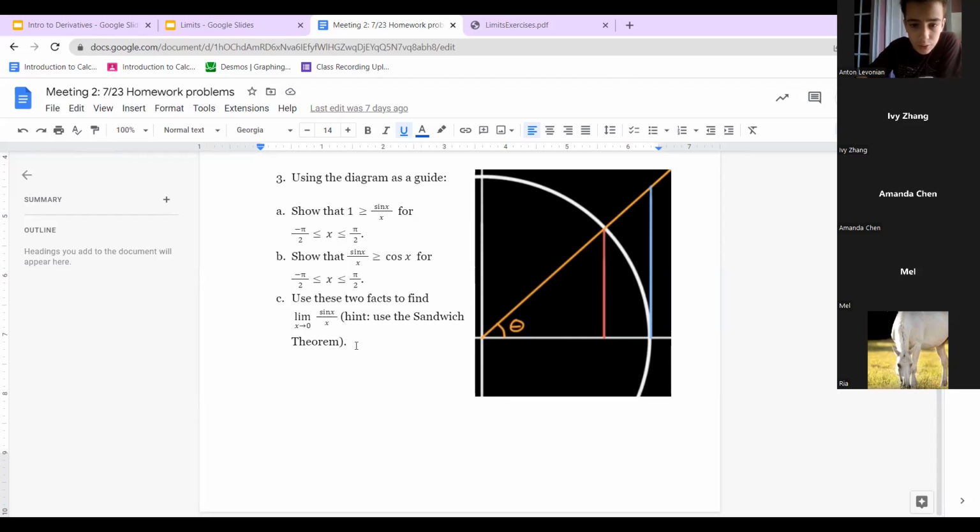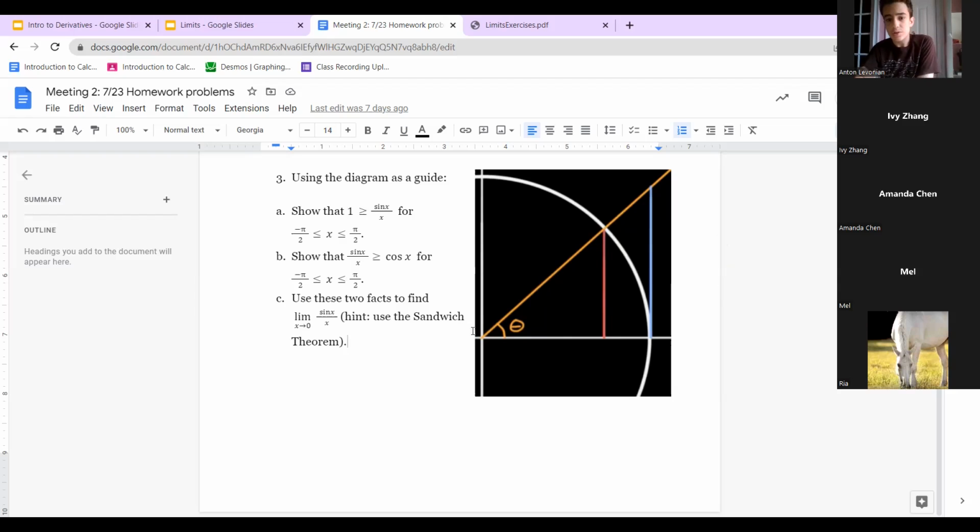So, the fact that 1 is bigger than or equal to sine of x over x. Here, notice that if we have this diagram right here, we can think of this as a unit circle. So this red radius right here would be 1, and this red height right here would be sine of x.